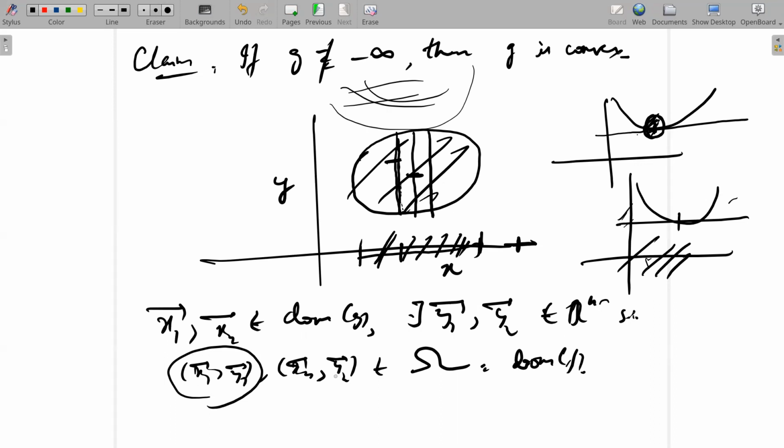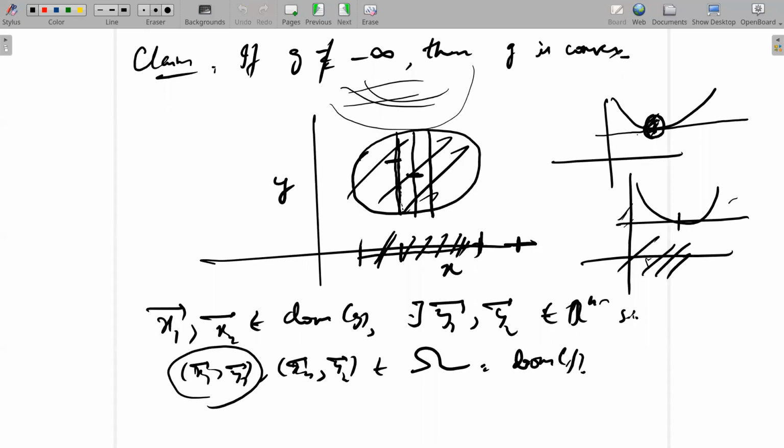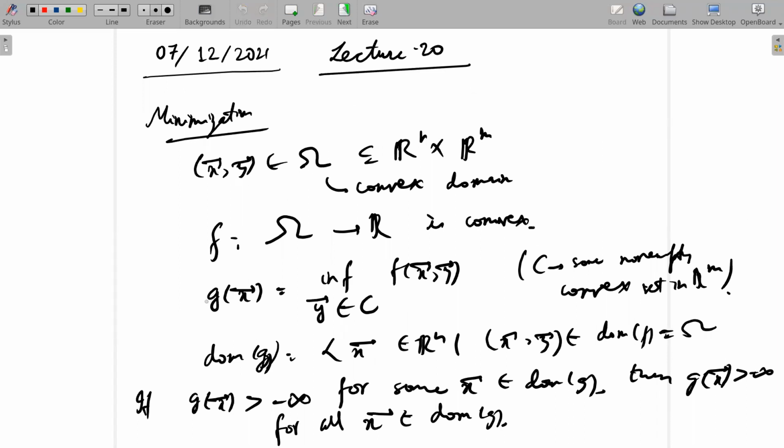So now that we have this y1 and y2, because g is the infimum, that means if I increase this value g of x by epsilon, then that value is actually attained for some y. The infimum may not be attained. For example, if I have a sequence 1 over n, the infimum is 0, but 0 is nowhere in that sequence. But if I perturb it by a little bit, if I add epsilon, maybe 1 over 100, then there is some point in that interval 0 to 1 over 100 which lies in that sequence.